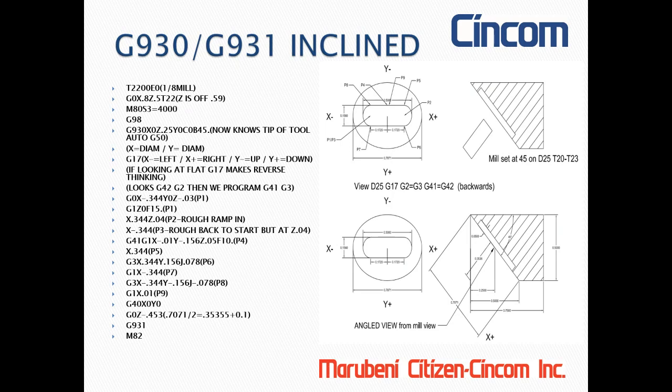You're correct. G950 is on the older control, and G930 is the newer. But since the back side of our machines is the same and we don't have a B-axis back there, Citizen is trying to have some kind of standard. So G950 is still used on the new machine, but on the back side. So Ray is correct, and it's a good question.